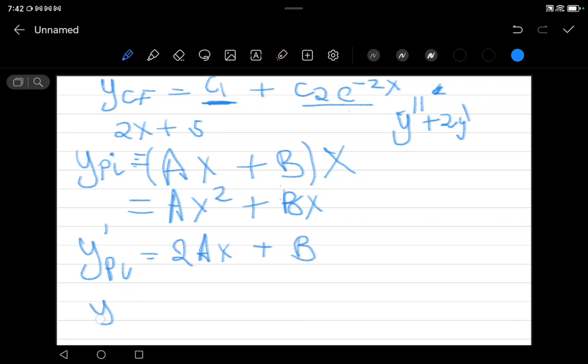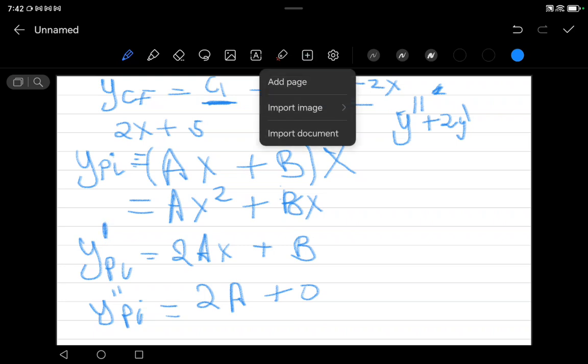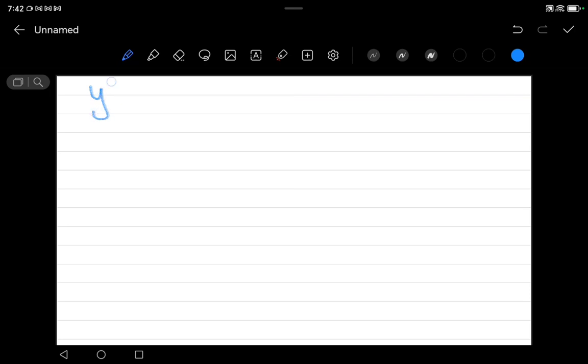And then for the second time, y pi prime prime equals the derivative of 2ax, which is 2a, because the derivative of b is 0. Now we have the y prime prime and also the y prime. So what we're going to do is write our original equation.